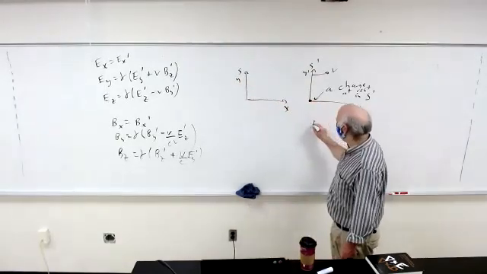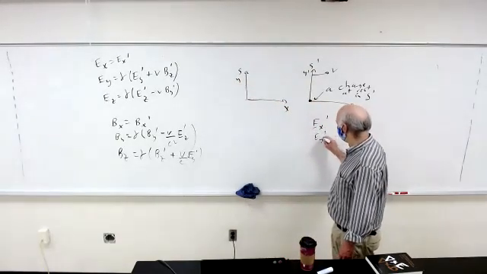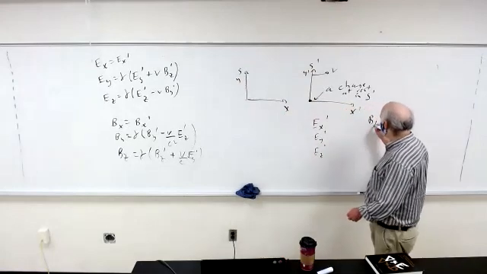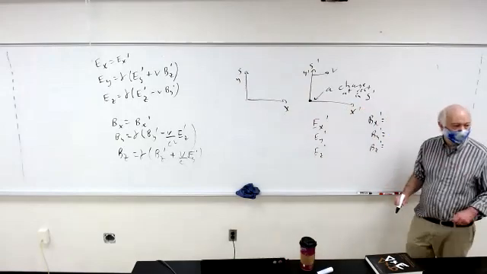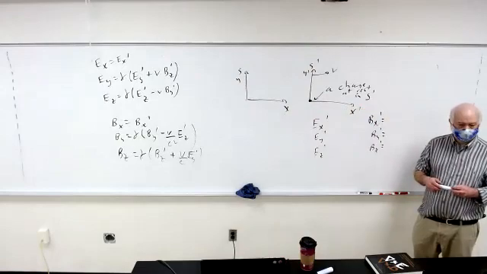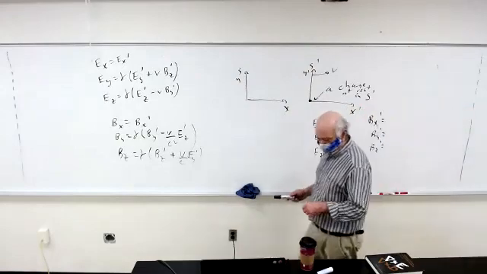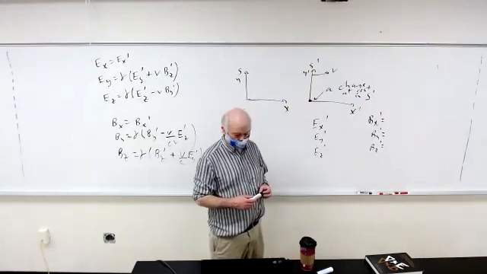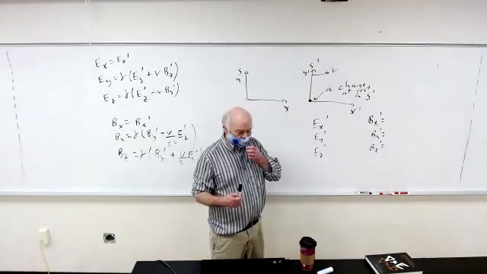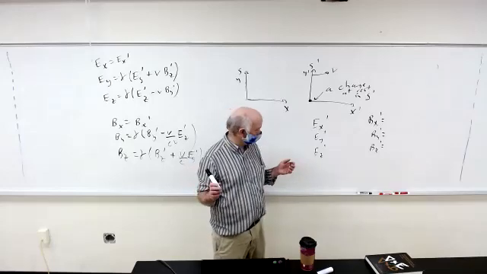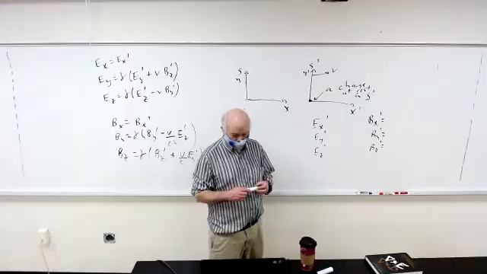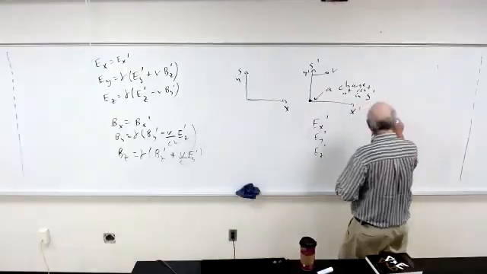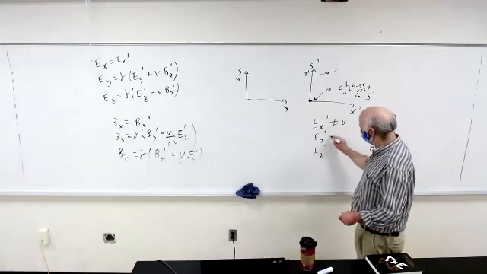Okay, what would then be Ex prime, Ey prime, Ez prime, Bx prime, By prime, Bz prime? What would these things be? Okay, somebody know exactly what they have to be? They'll be 0. Tell me what the 0 would be. Which ones? The magnetic ones, because it's not moving. Exactly. These all have to be 0 here, right? And these would not be 0.